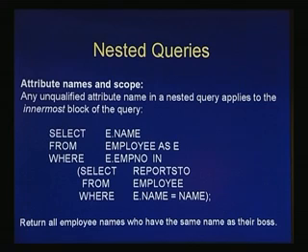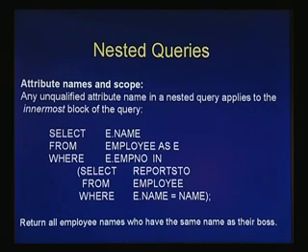Okay, so what does this query actually do? If you notice closely, the outer query as well as the inner query work on the same table called employee. The outer query calls itself E, and the inner query does not change the name of the table, it is still called employee.